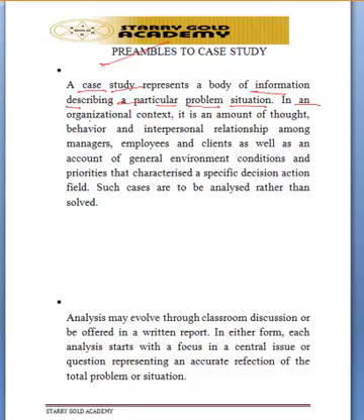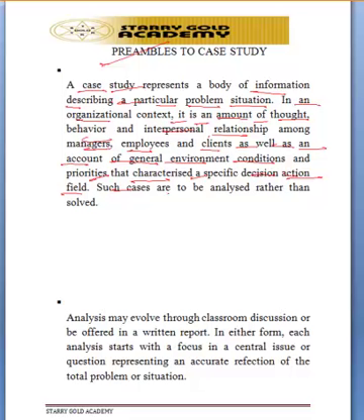In an organizational context, it is an amount of thought, behavior, and interpersonal relationship among different managers, employees, and clients, as well as an account of general environment conditions and priorities that characterized a specific decision action field.